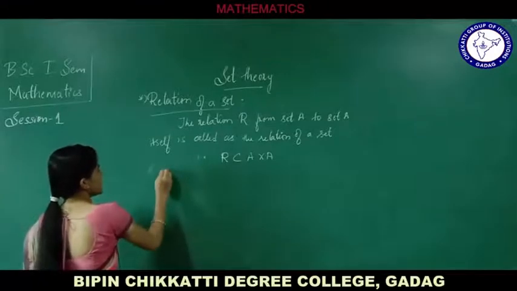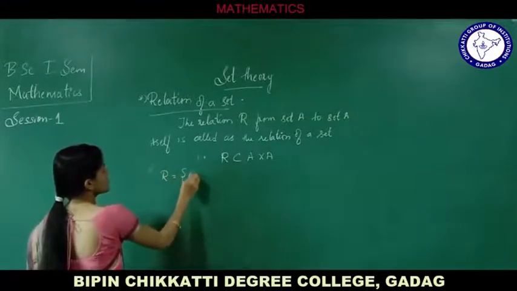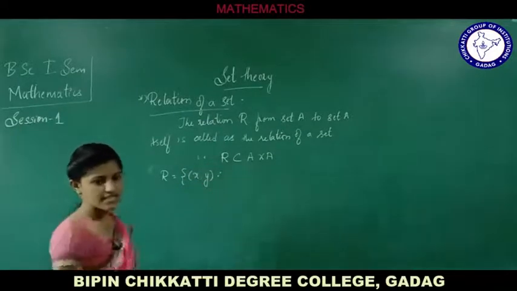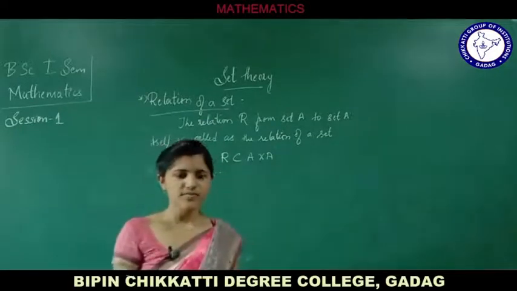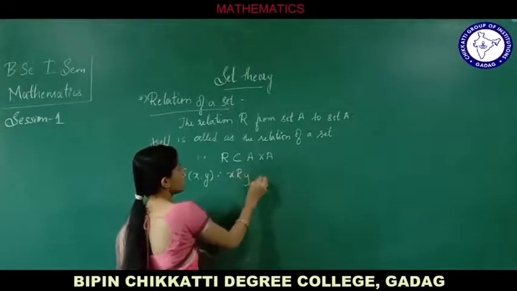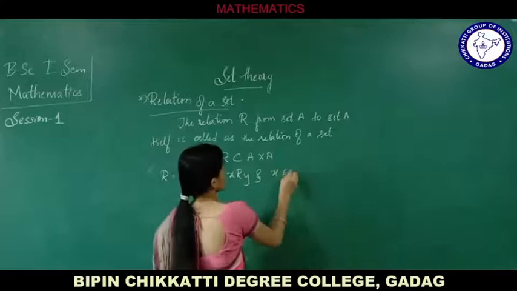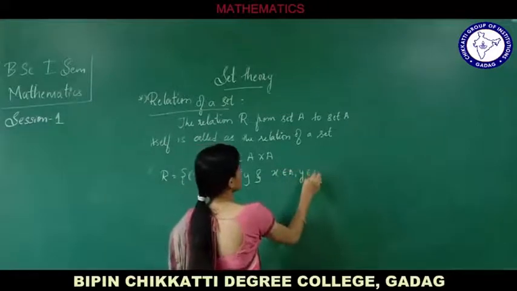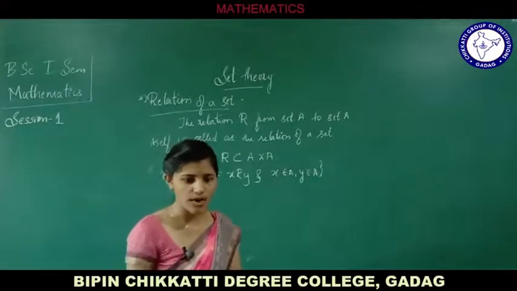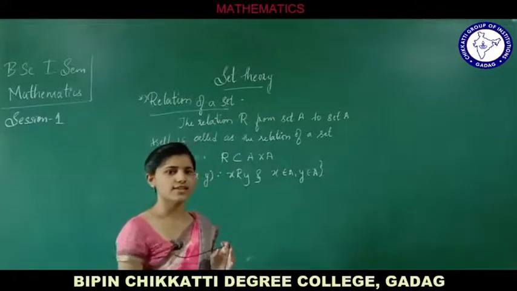Thus, R equals x comma y such that x is related to y, x belongs to A and y belongs to A. This is the relation on A.